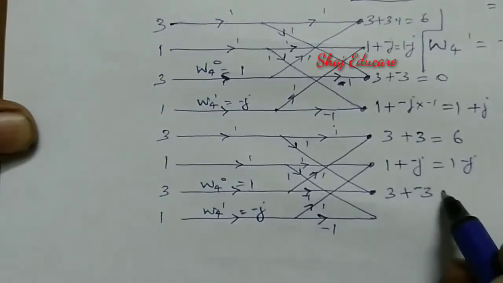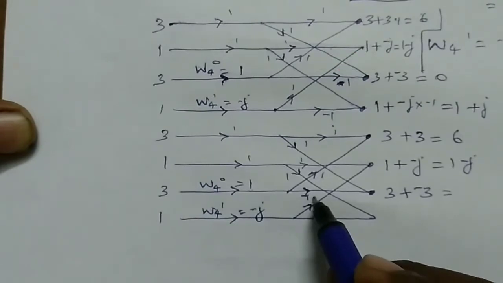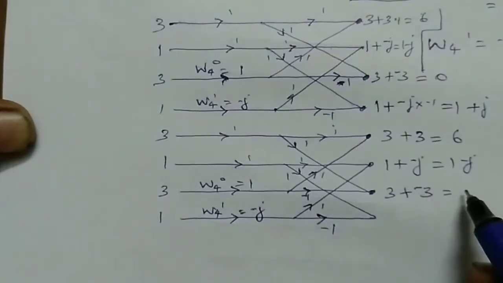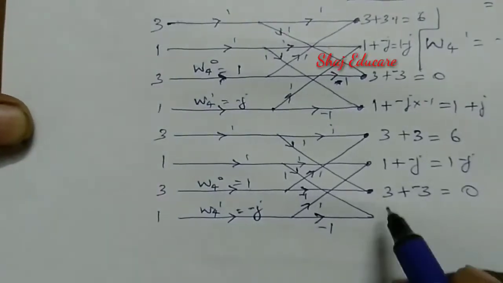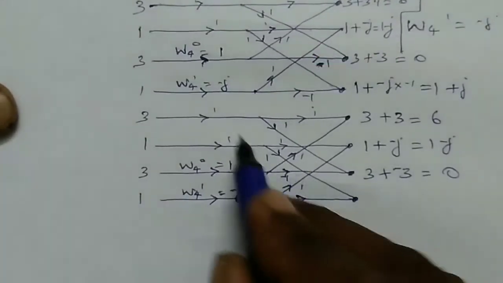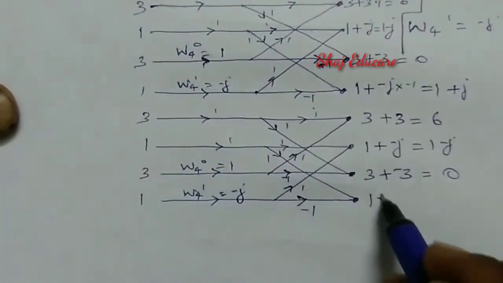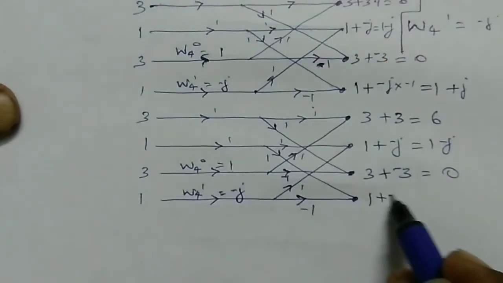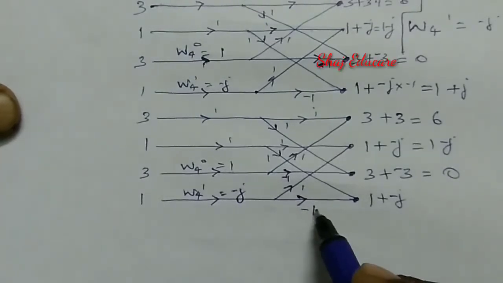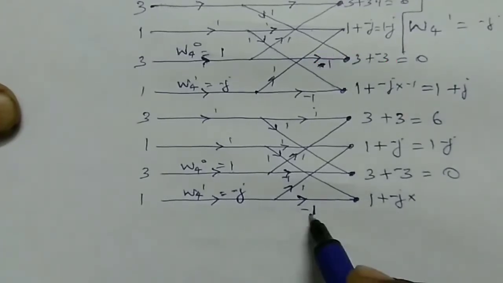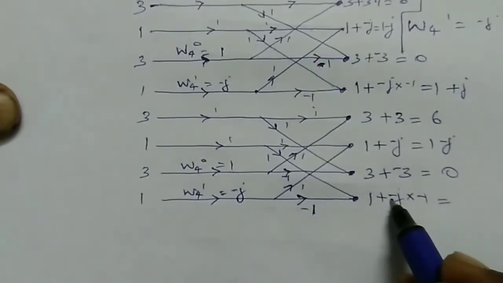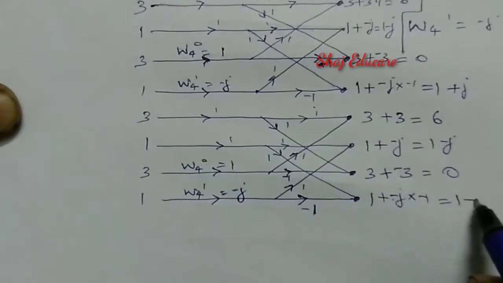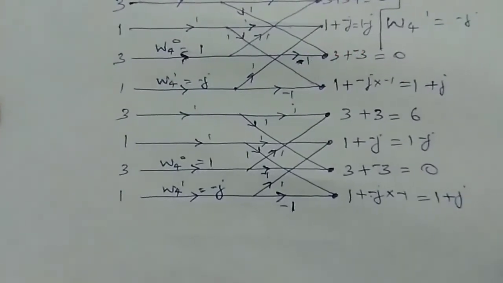Therefore we are getting minus 3. Here we have 0, and finally here we have 1 plus 1 into minus j, that is equal to minus j here. Again, when multiplying with minus 1, minus into minus become positive, so 1 plus j itself.